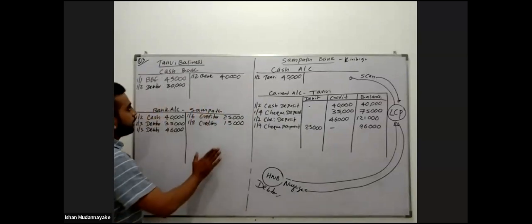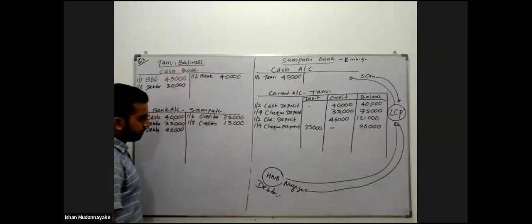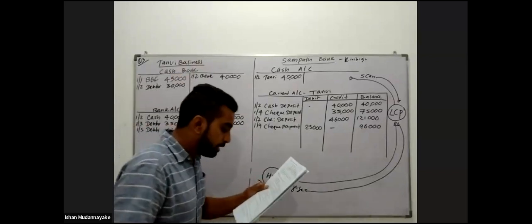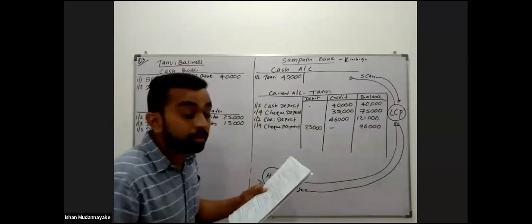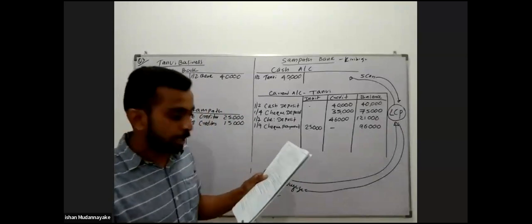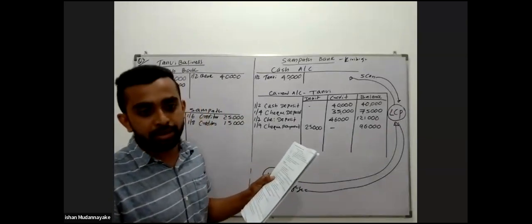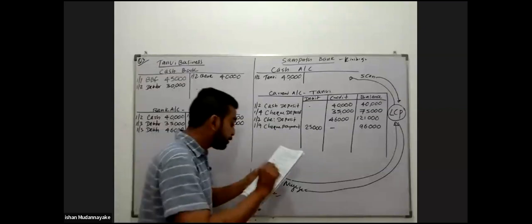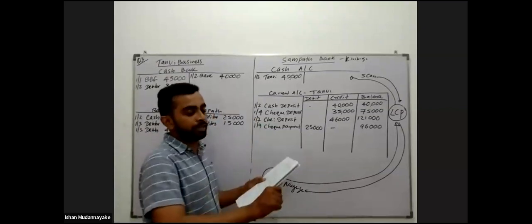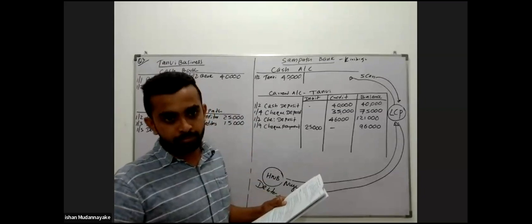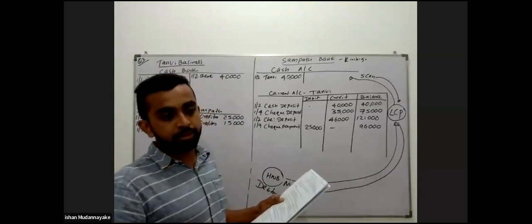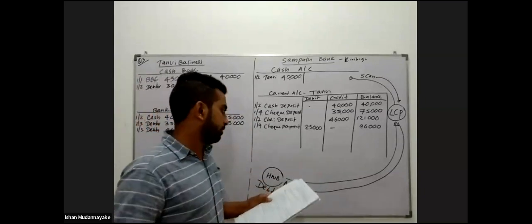Okay, double entry passing in the business organization. And then this check was presented to the bank on 10th January. It means the cash paid date by the Sampath Bank is 10th January. That is called presented date.